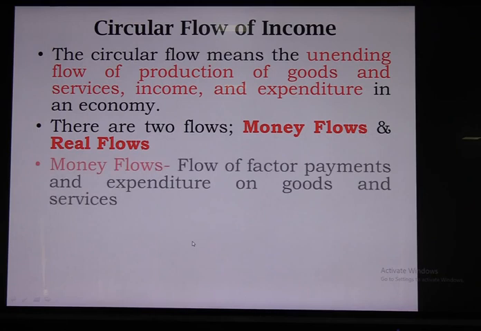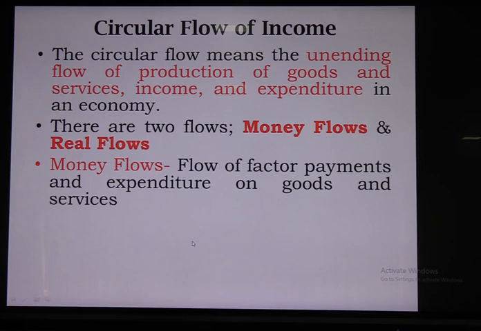What is money flow? Money flow means flow of factor payments and expenditure on goods and services. Suppose you are a labor, if you render your services in a factory, you will get a wage, and that wage is the factor payment. But that wage you use for what? Purchasing goods and services from the market.